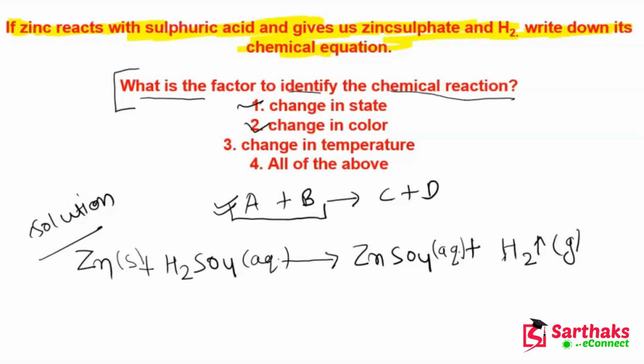Of course it is also true, because change in color is also a factor to identify a chemical reaction. The third point is change in temperature. This is also true. So all the statements here are true, and that's why I will choose option number 4, all of the above are true.